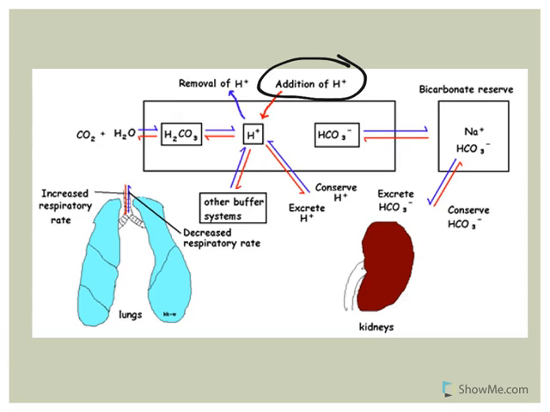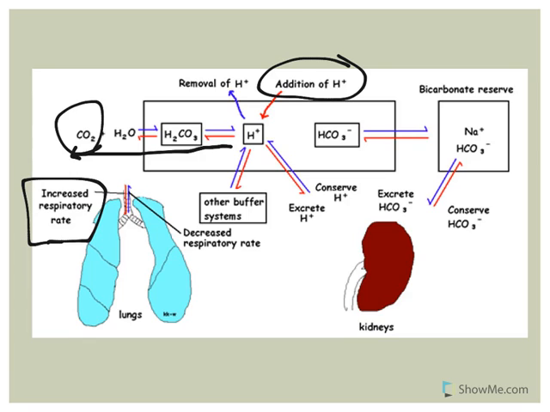With this one, at least one of the buffer systems is the bicarbonate buffer system, where the hydrogen ions combine with bicarb, and you follow the red arrows, we're going in this direction here, and CO2 can be expelled by increasing respiratory rate. So that could be a response to an acid-base disorder, specifically metabolic acidosis.